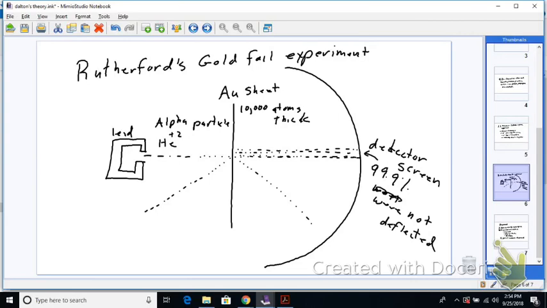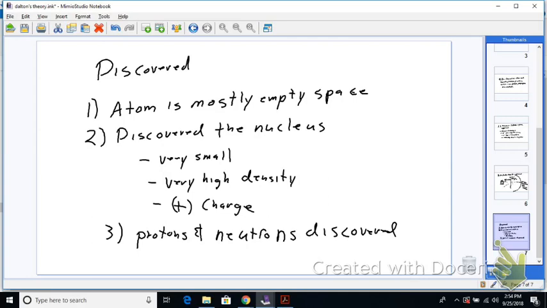So, knowing that information, they were able to take the data and look at it and try to figure out something about matter. And what they figured out is that since most of the particles went straight through, an atom is mostly empty space. But every once in a while, very rarely, there was a deflection.